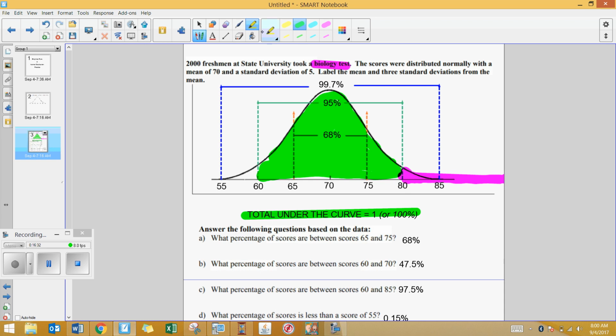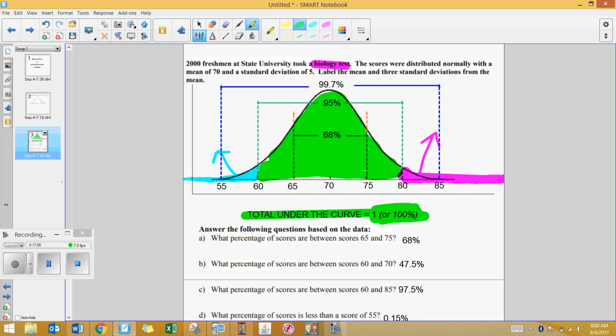Then what that means is the area over to the right, this pink area, and I'll change colors, this blue area, all the way to positive infinity and negative infinity, this pink area and this blue area must be the remaining 5%. Again, the curve adds up to 100%.